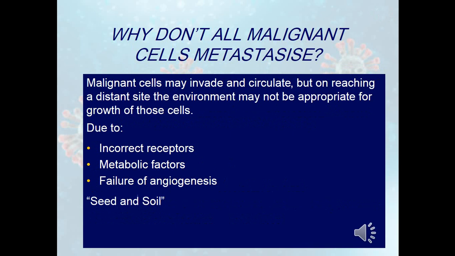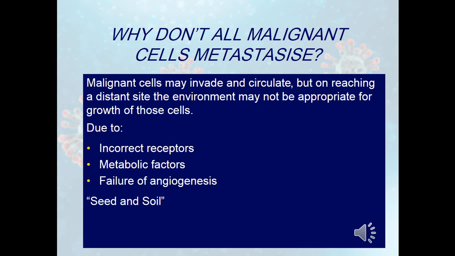Now, why don't all malignant cells metastasize? Malignant cells may invade and circulate, but when they arrive at the distant site, the microenvironment in the organ may not be suitable for the growth of these cells. This could be due to incorrect receptors, metabolic factors, or failure of angiogenesis.